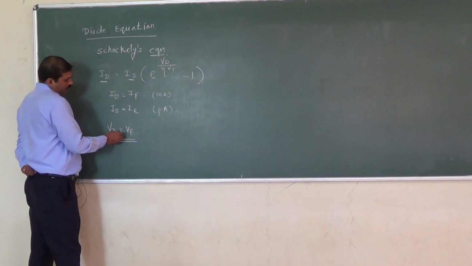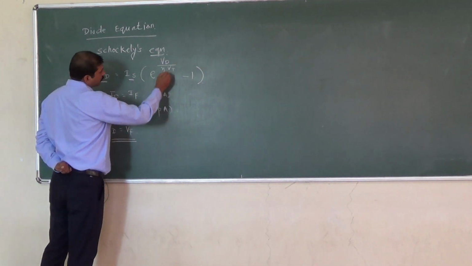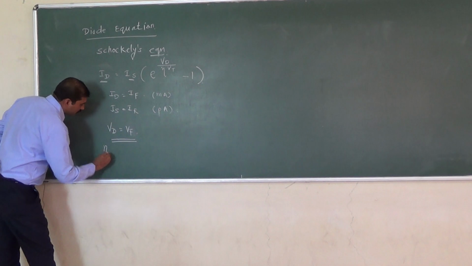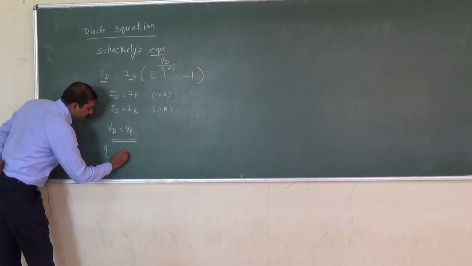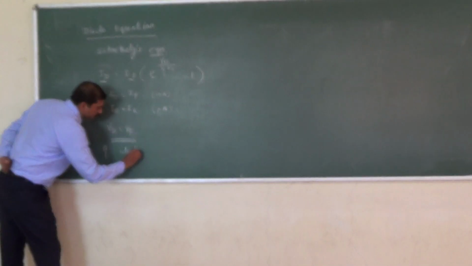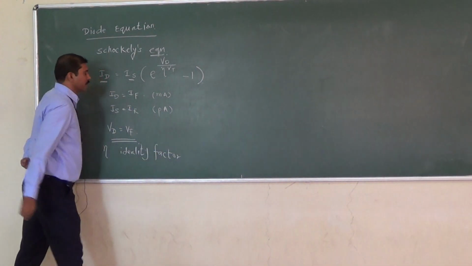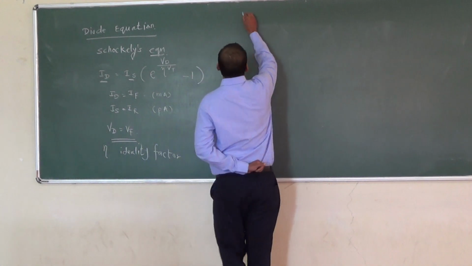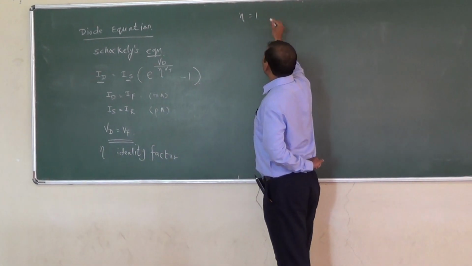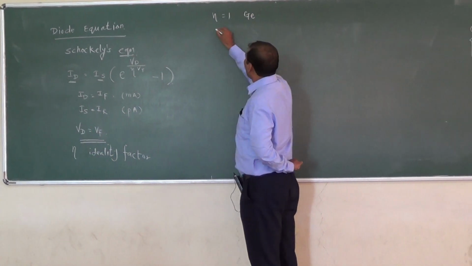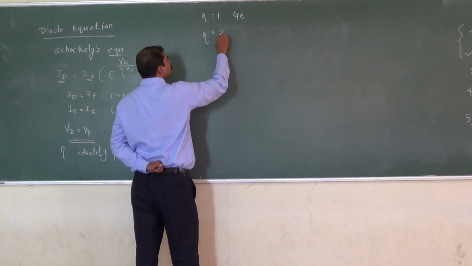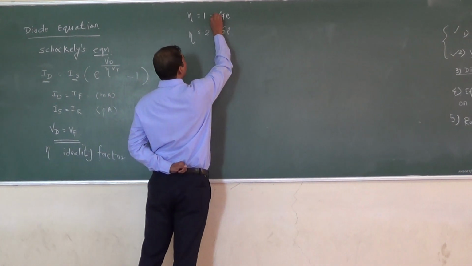Now let us see the other two terms. Eta is the ideality factor. Eta is 1 for germanium and eta is 2 for silicon.